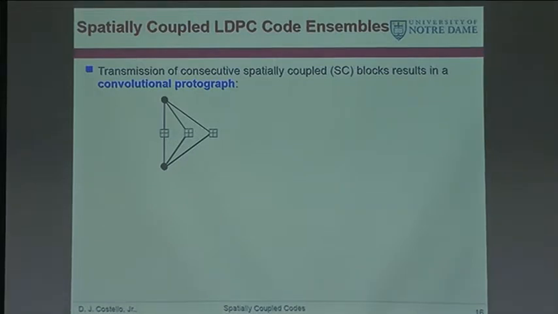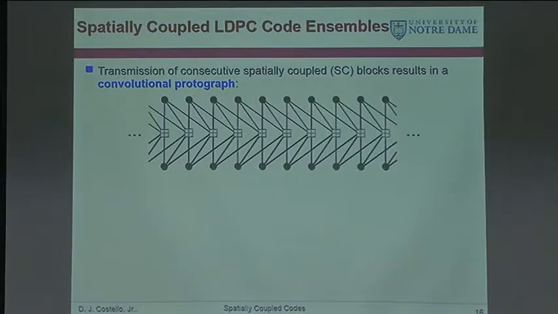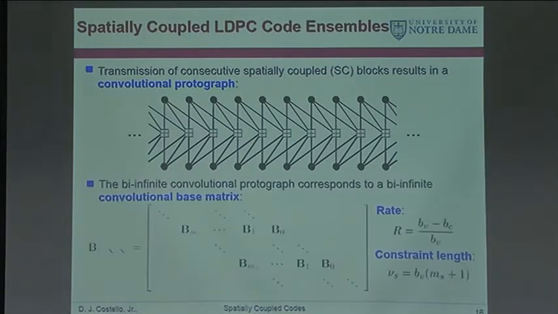So now the total transmission, if you connected all these things together like this, you'd get a convolutional protograph. Again, here we're talking in the protograph domain, but it would be analogous to the type of convolutional protograph we had in the previous class. So it would look like this, and again, we could consider it in general to be bi-infinite.